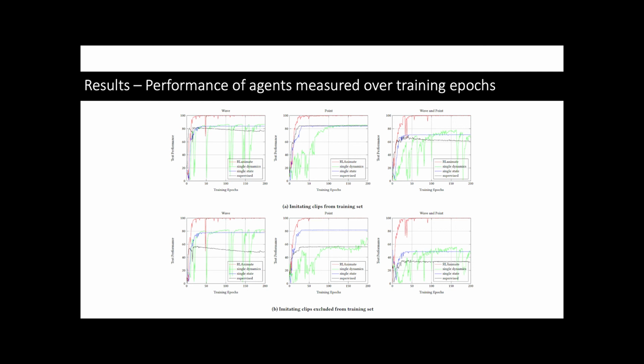The agent that trained a simpler dynamics model was relatively competitive when trying to portray behaviors in a single behavior mode, particularly when imitating the clips already seen during training. But its performance was quite poor when imitating the test set clips. This agent also showed some very unstable training.